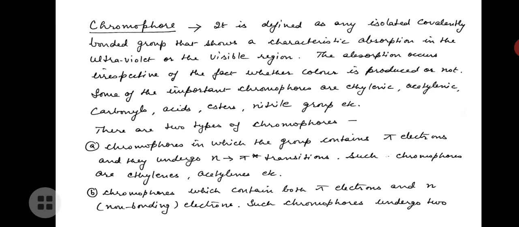Such chromophores undergo two types of transitions, that is pi to pi star and n to pi star. Examples of this type are carbonyls, nitriles, azo compounds, nitro compounds, etc.